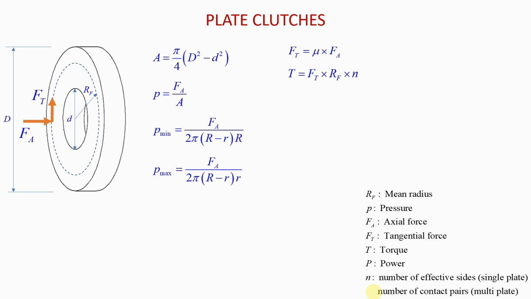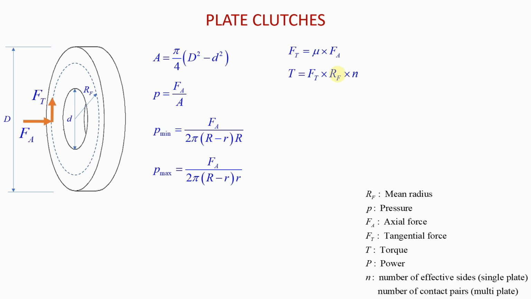If you're dealing with a single plate clutch, N is the number of effective sides on the clutch. Sometimes you have a clutch that only has one side that is effective, then N will be equal to 1. But sometimes, which is usually the case with single plate clutches, both sides will be effective, so N will be equal to 2.